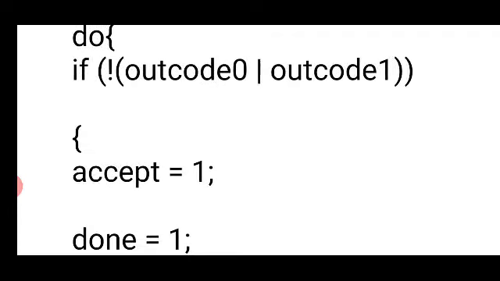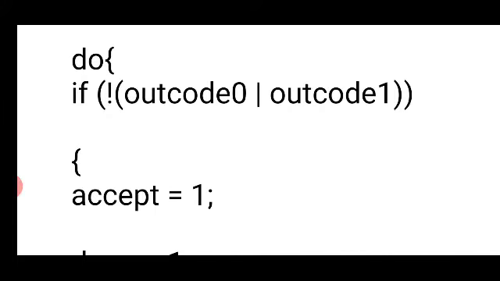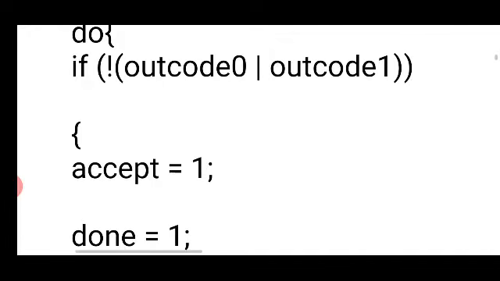Hence we assign accept equals 1, because there is no need to clip that line, and we assign done equals 1.